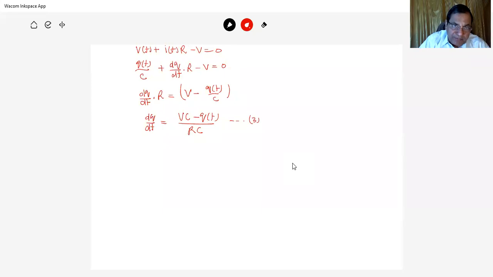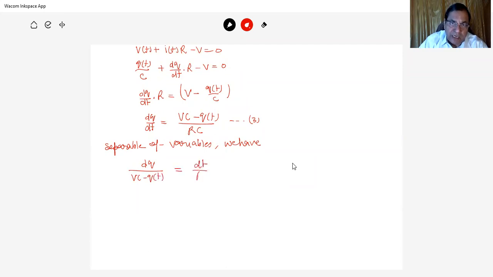Now, separation of variables. Separation of variables जो हम यूज करते हैं डिफरेंशियल इक्वेशन में, तो उसके वजह से ये हो गया dq by (V minus q/C) is equal to dt over R. Integrating, this is equation number 4.